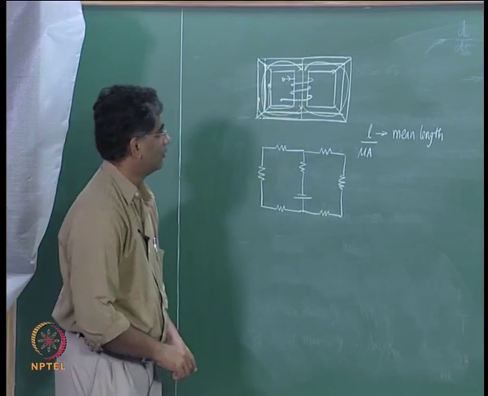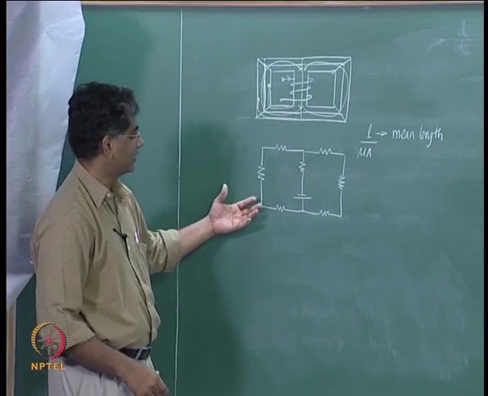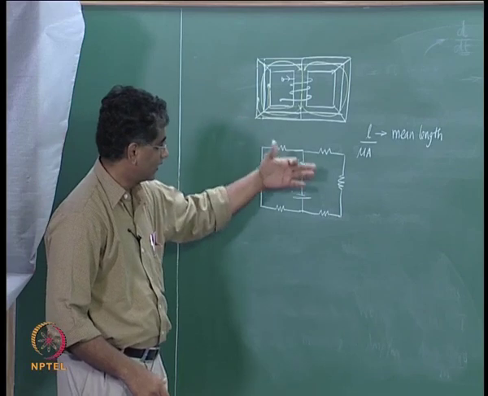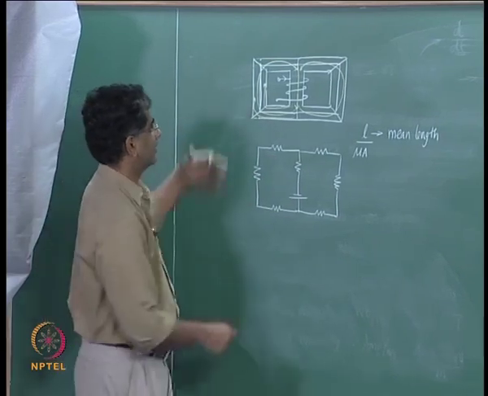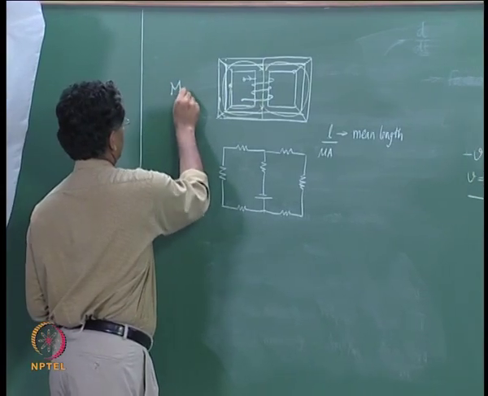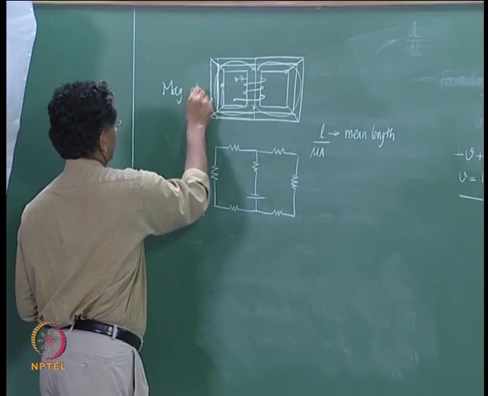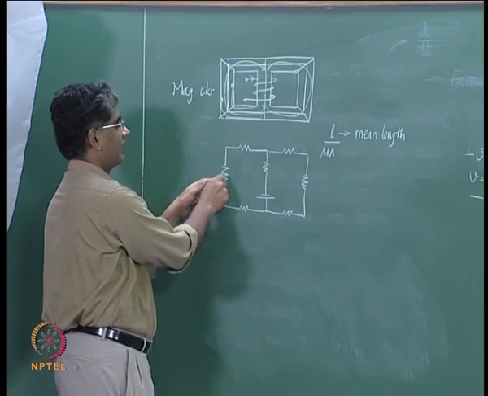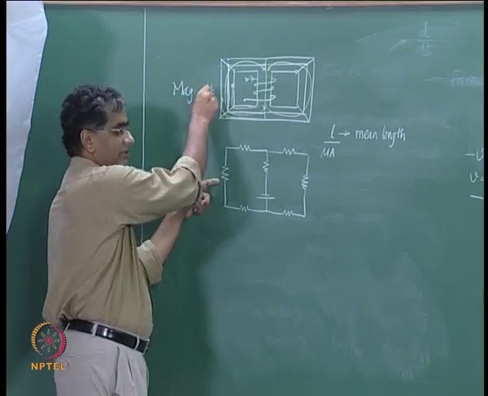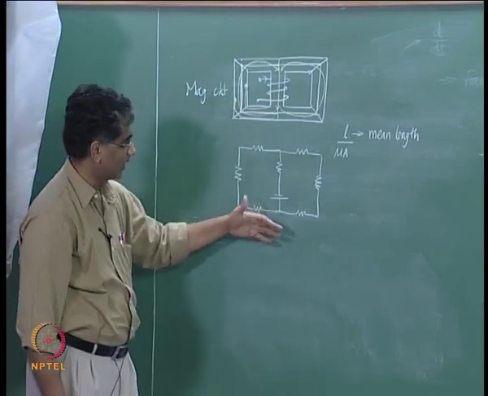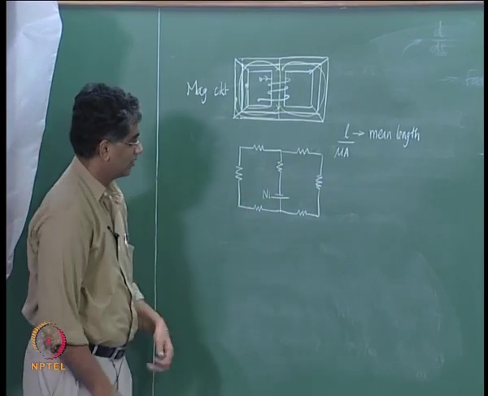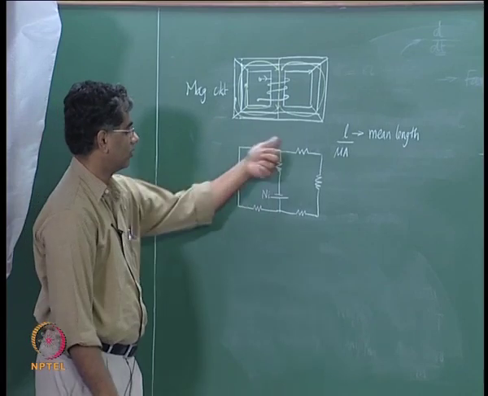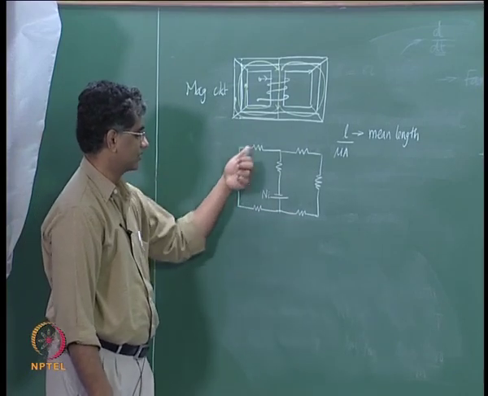So using this one can determine an equivalent electrical circuit for analyzing a magnetic circuit. This is then your magnetic circuit, and this is an electrical equivalent of this circuit. Once you have this, you know the MMF Ni, and you know all the resistances here.